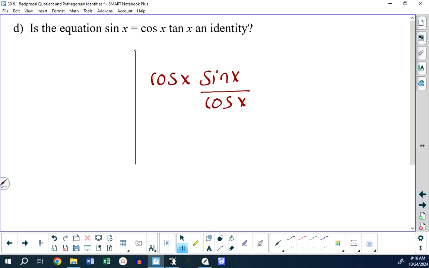The x coordinate I'm talking about not being this x. So tangent on the unit circle is the y coordinate over the x coordinate. Y is sine, x is cosine. Left side equals right side. This is not a level of proof that you would be asked to do. It's just too simple. So yes, it's an identity. It's true for all values of x that are permissible.